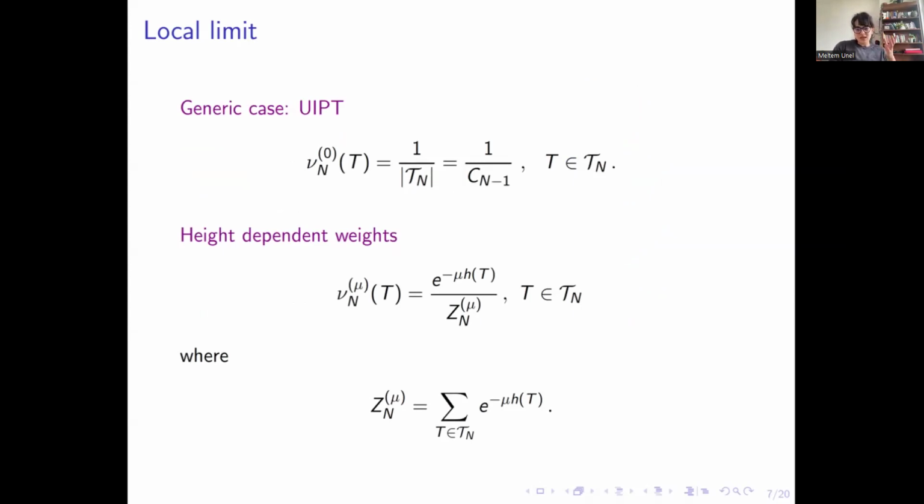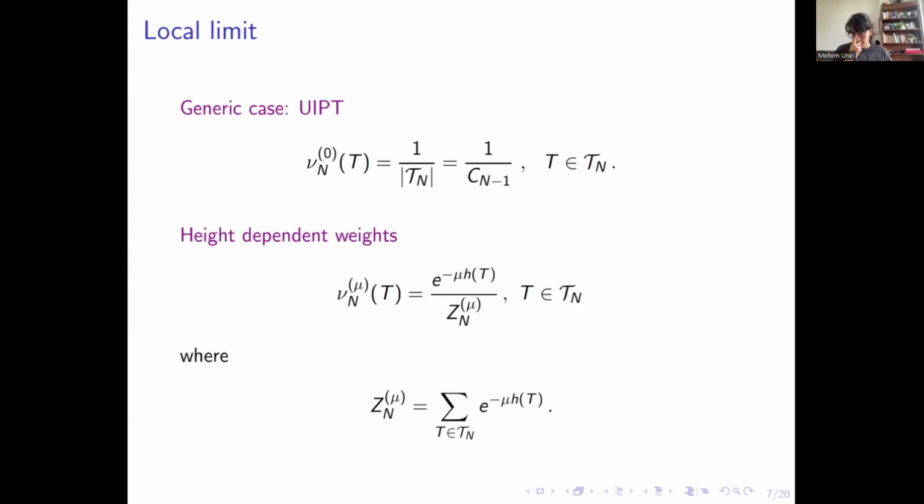Now I want to make a small modification. I want to consider a different sequence of measures. So instead of considering the sequence of uniform probability measures, I will weigh every tree by exponential of minus mu h of t, where h of t is the height of my tree t.